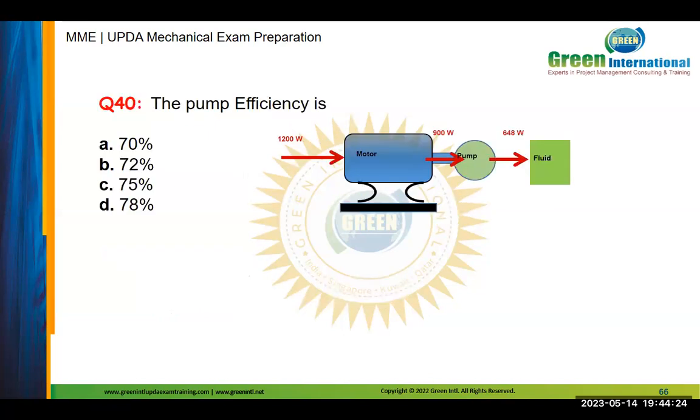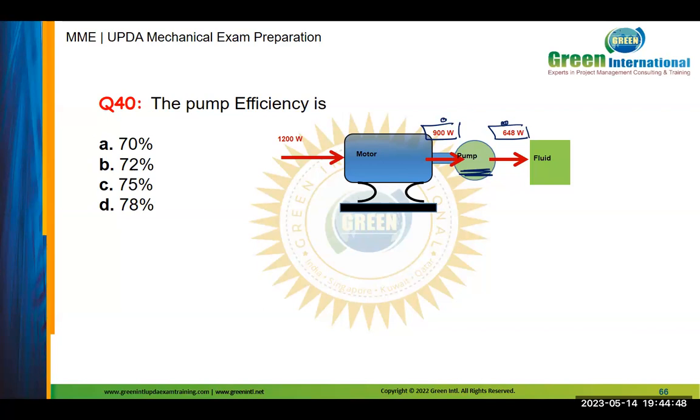Pump efficiency, as per the discussion here, is output divided by input. So for the pump, this is the output and this is the input: output divided by input. But for the motor, the output of the motor is 900 divided by 1200, which is the input.